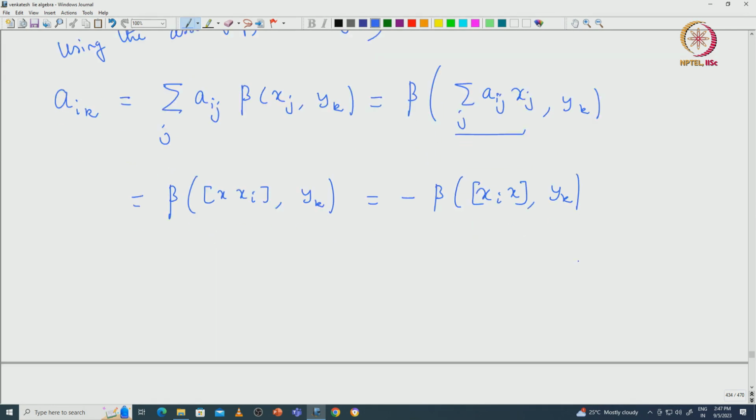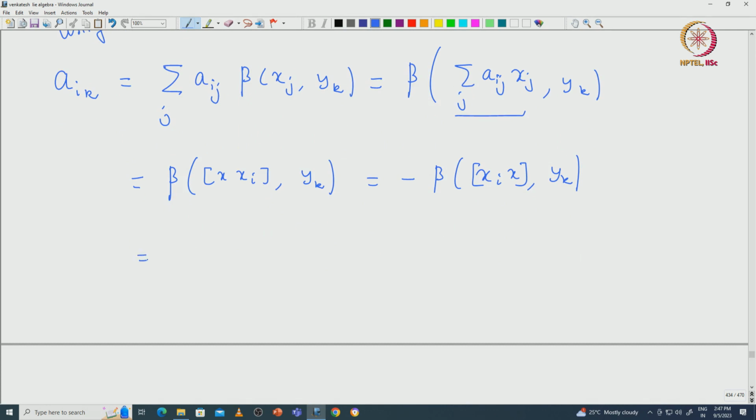Now use the associativity and rewrite this as minus beta of x I comma bracket x y k. Now this bracket x y k is given by summation b k j. If you rewrite this, we get minus summation j ranging from 1 to m of b k j beta of x I comma y j. So, this is what we get.